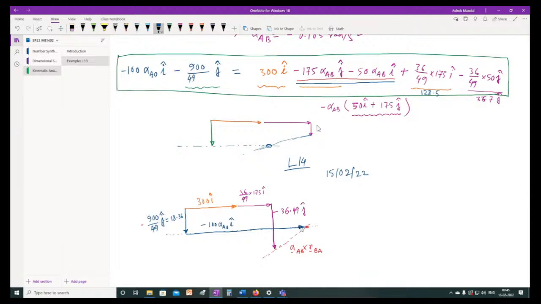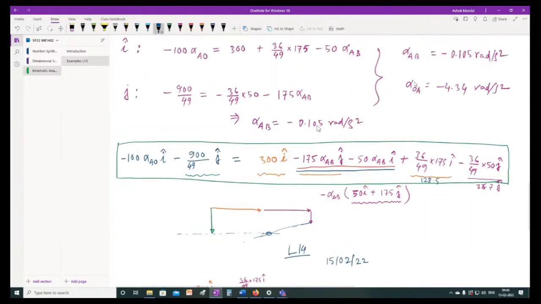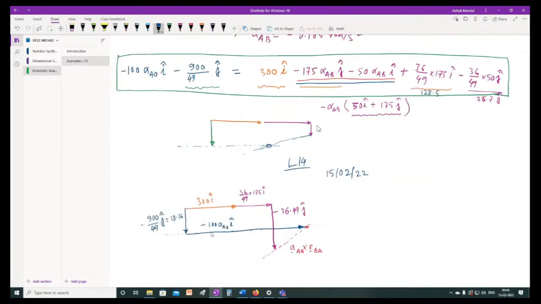Okay. This is minus 100 OA. And for this length, you have this equation. From that, you can find out what is alpha AB. So you can see that this alpha OA is negative. So from here, if you measure, you will get that.